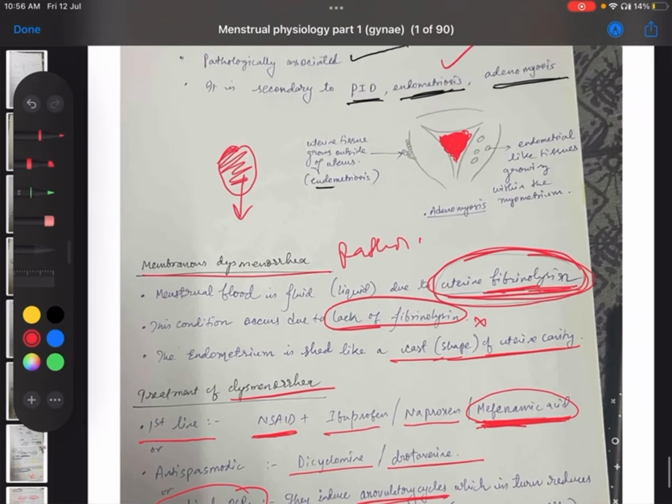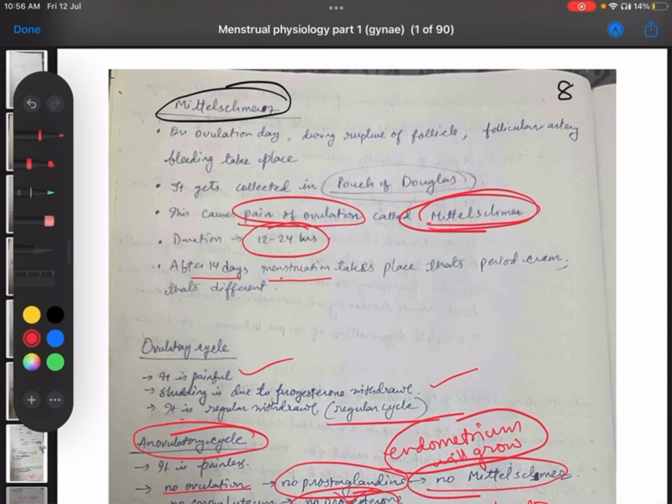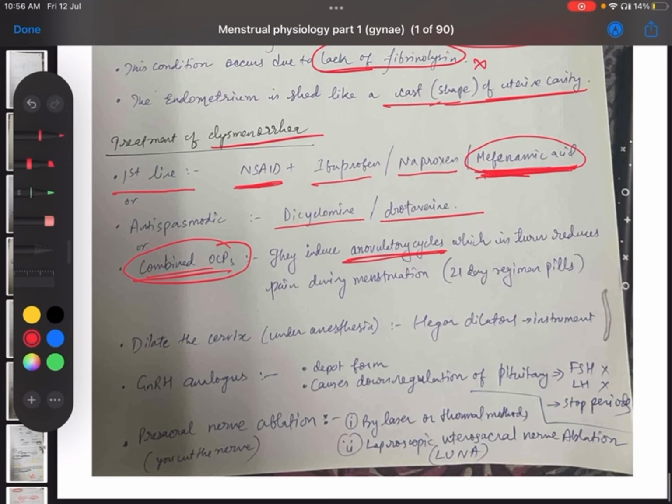So the condition, that is, Mittelschmerz, won't take place. Another thing is that the pain of menstruation is reduced. Why?